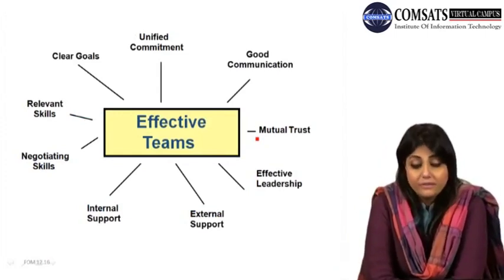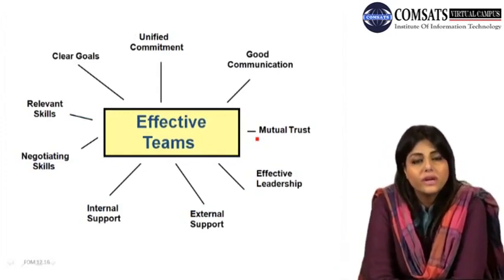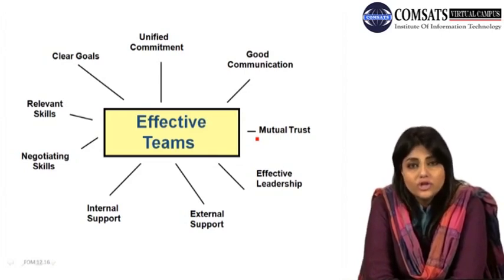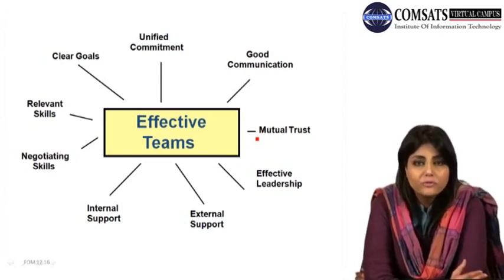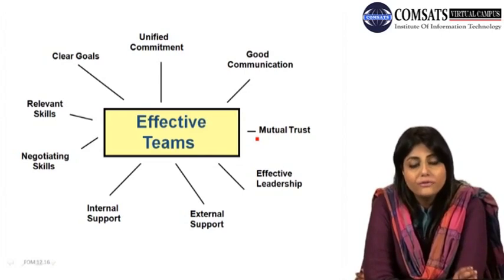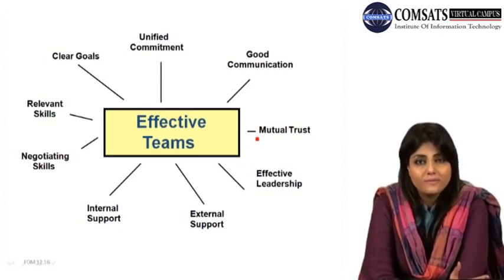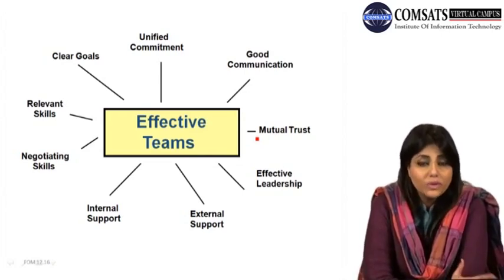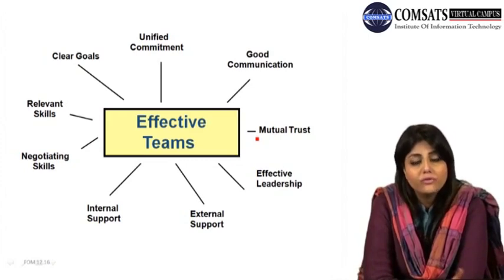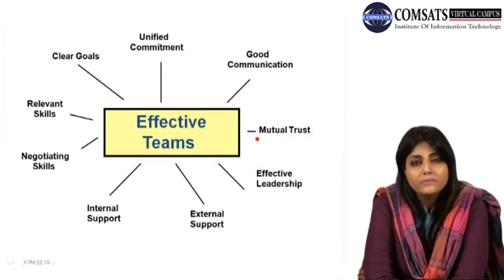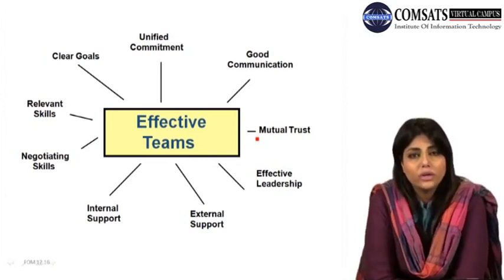What makes a team effective? There are certain criteria. In the first place, we discussed when it is feasible to make teams. Once you have formulated a team, you are falling under that criteria, that based on a certain number of guidelines you decide it's better to organize your work around teams.